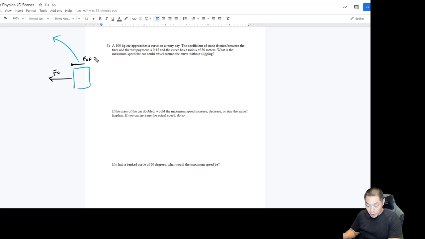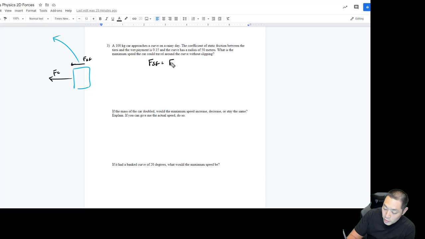So that's pretty much it. The force of static friction is equal to the centripetal force because that's the only force present. If you break it down, this is equal to mu_s times the normal force equals mv squared over r.